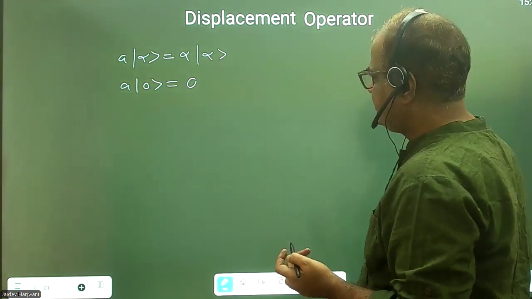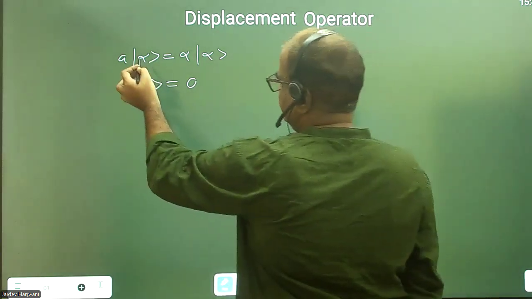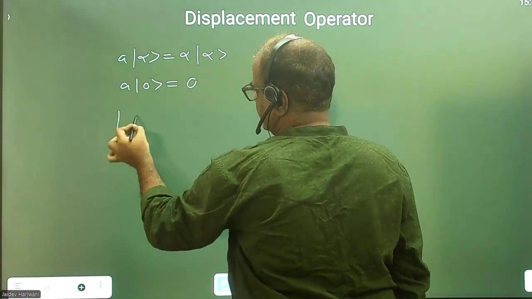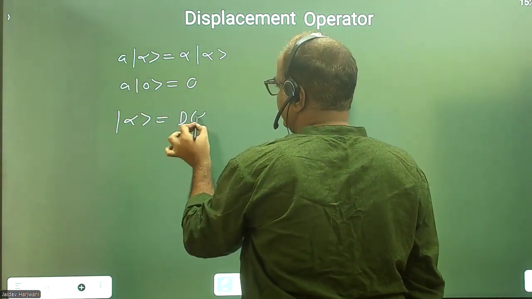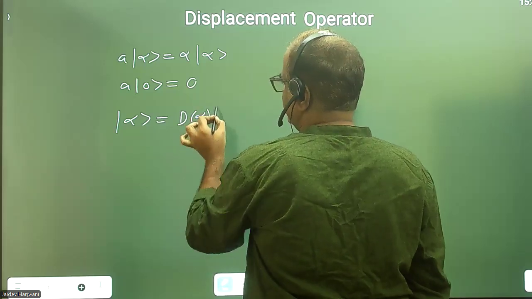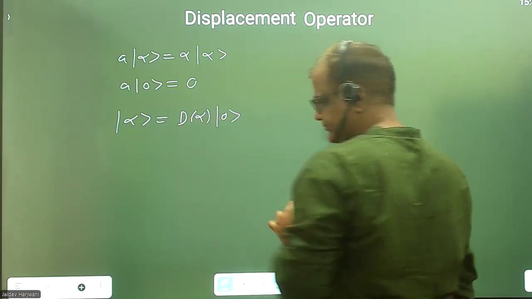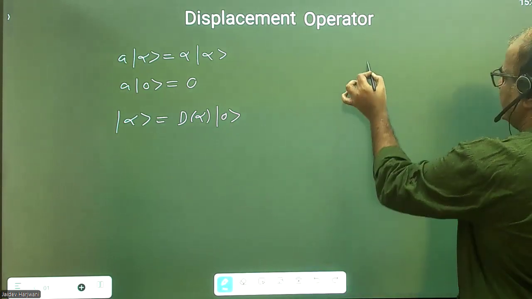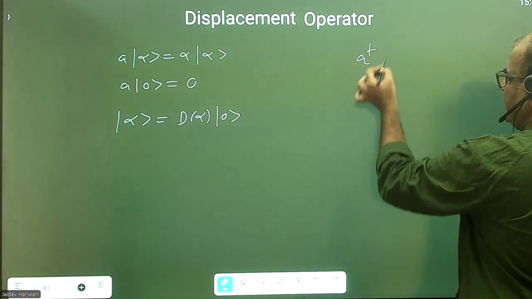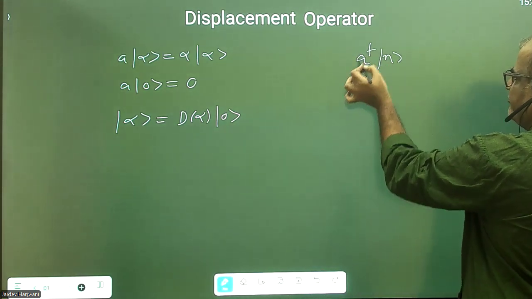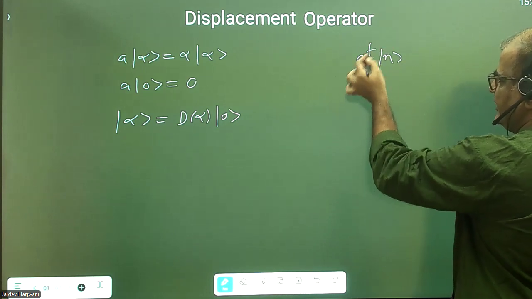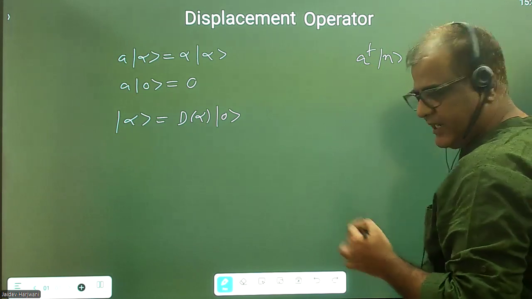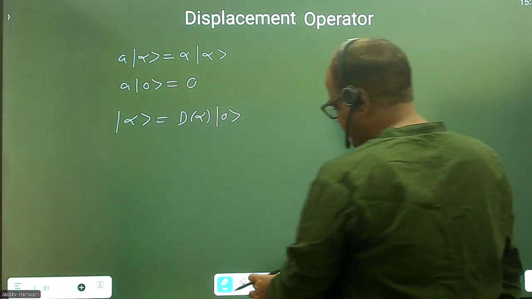Now, I want to create this coherent state by applying some operator D alpha on this vacuum state. Like we can create different states by operating a dagger or a on the state n, as we have seen in the quantum harmonic oscillator.